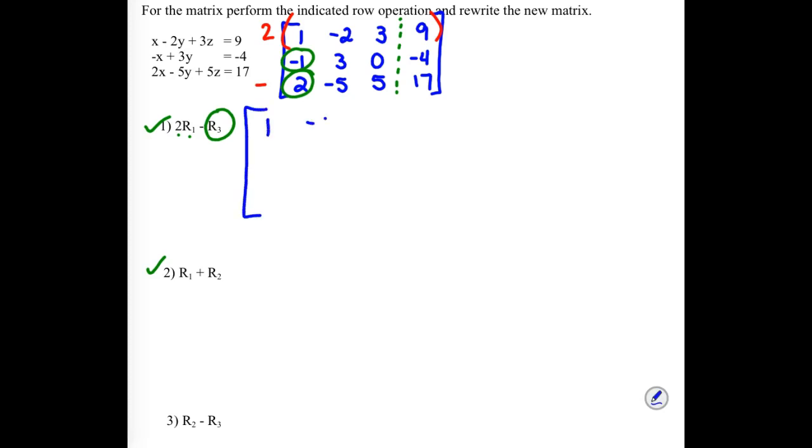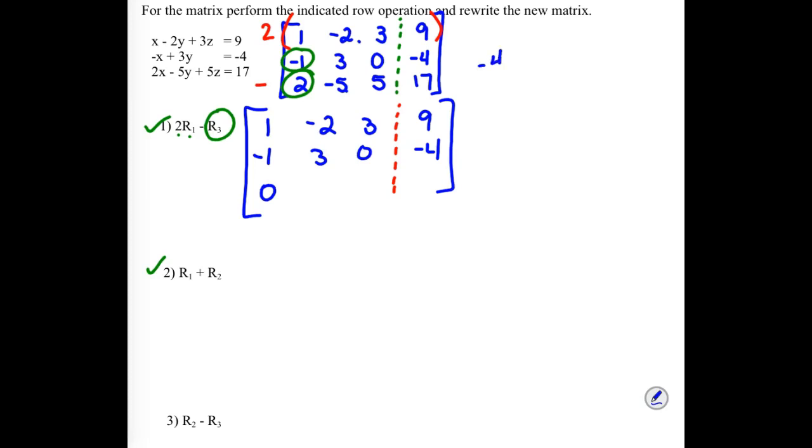I'm changing row 3, so I'm going to take a minute and get the other rows written down. All right, so 2 times the first row, 2 times 1 is 2, minus the 2 from the third row is 0. 2 times the -2 is -4, minus a -5.